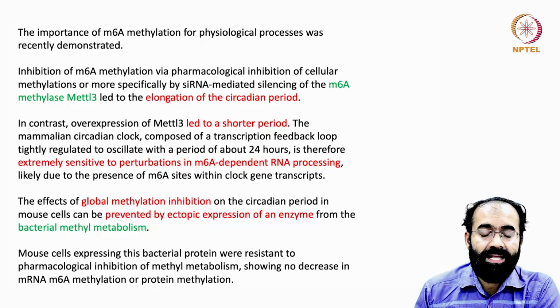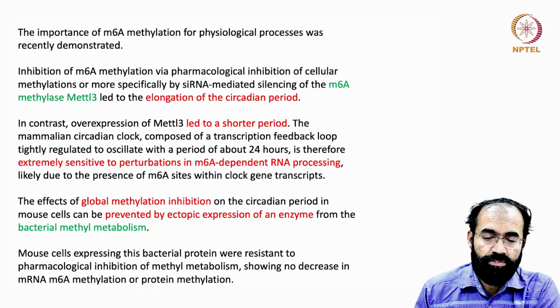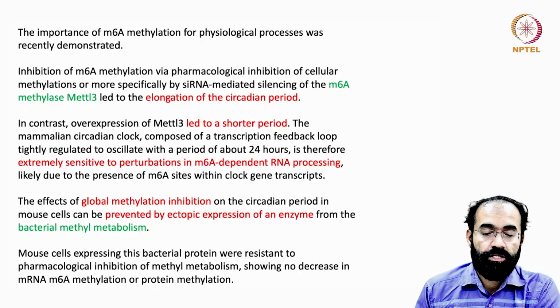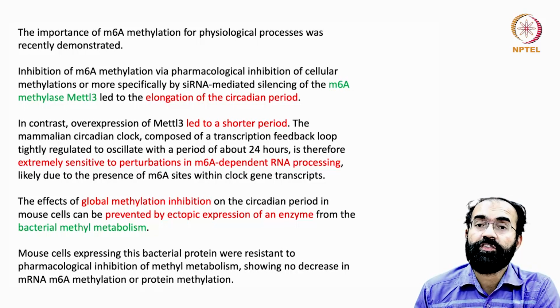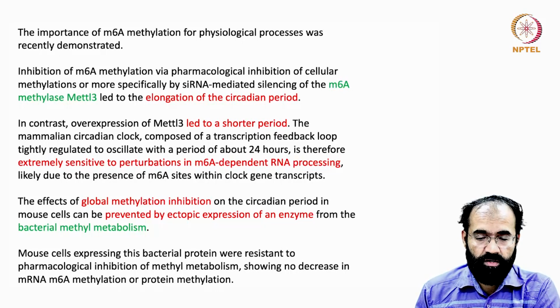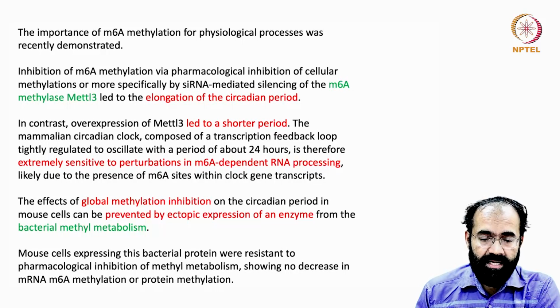The mammalian circadian clock, composed of a transcription feedback loop, is tightly regulated to oscillate with a period of about 24 hours. We all know that humans live in a day of 24 hours. It is the time taken for completing one day.